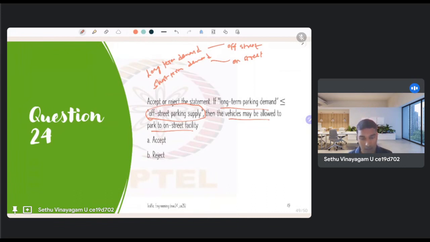Because long-term parking is more suitable for off-street parking, and also the supply is sufficient to cater to all the demand. So we should not allow the vehicles to park on the on-street facility, right? That will hamper the traffic on the main street. So therefore, this statement is incorrect, right? We should let all the long-term parking be on the off-street supply only, because we have enough supply.